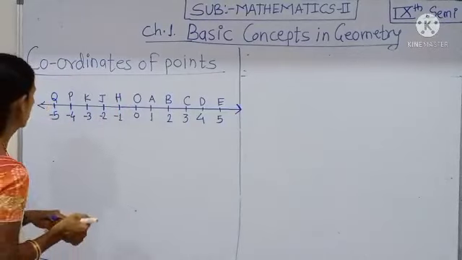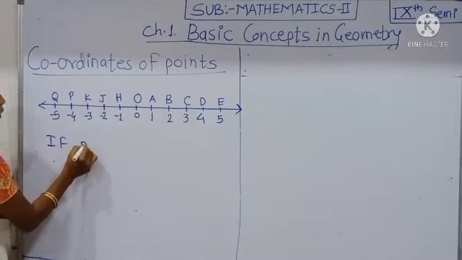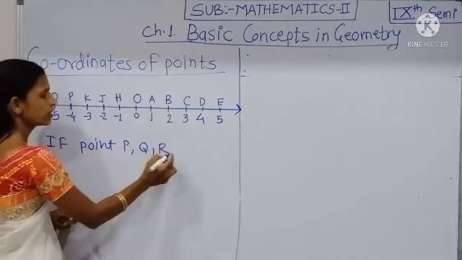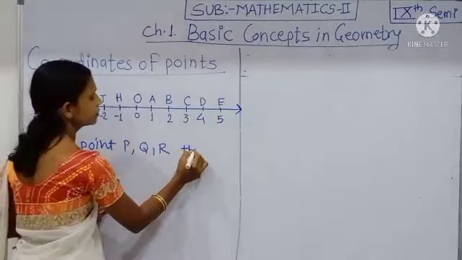Let us consider that P, Q, R are 3 distinct collinear points, then there are 3 possibilities.